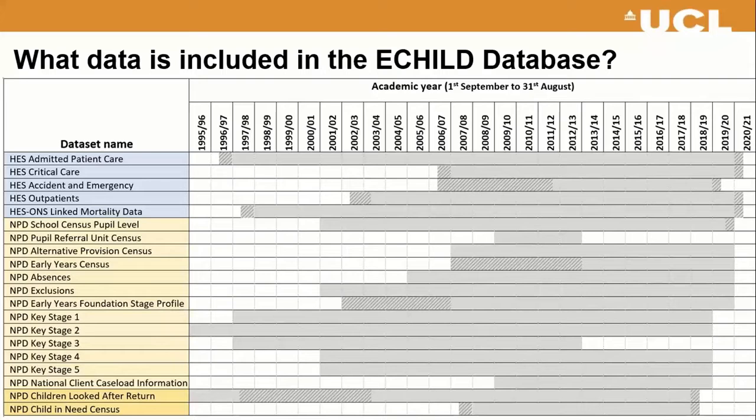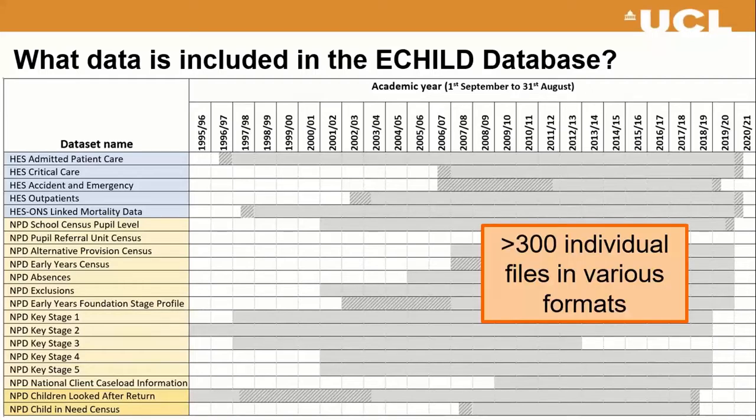However, student absence has been systematically collected only since 2005. Another important difference between education and health records is that health records are structured according to financial years in England, so they start in April of each year. However, NPD data, the educational record, is collected following academic years, starting in September of each year.